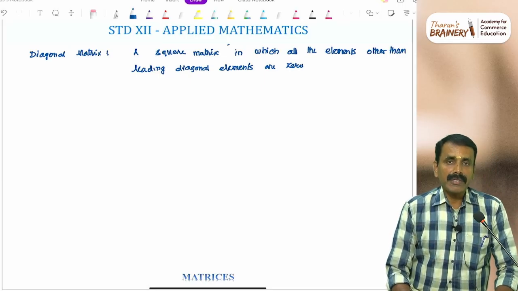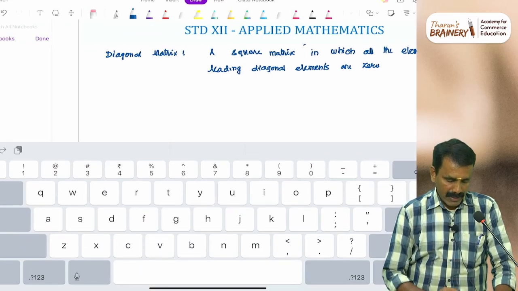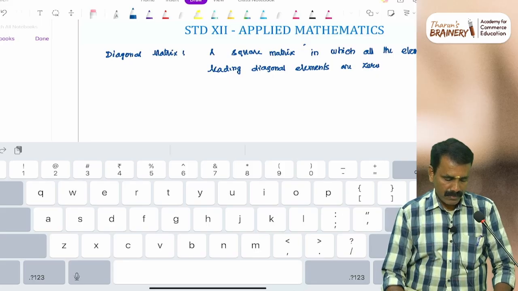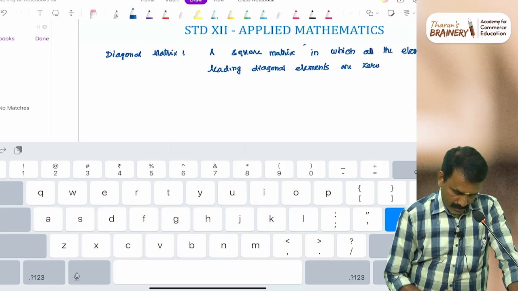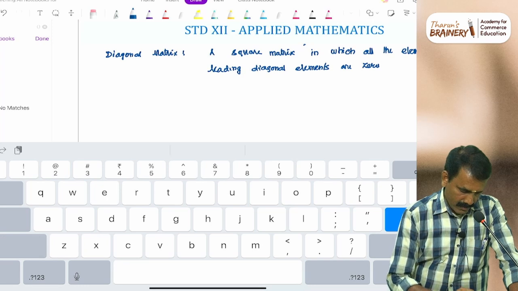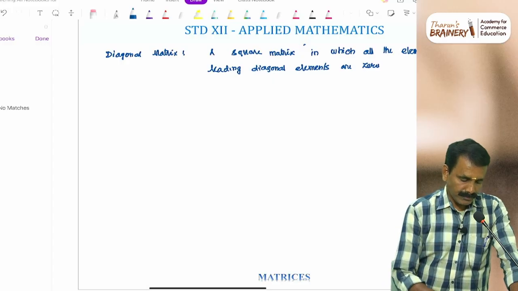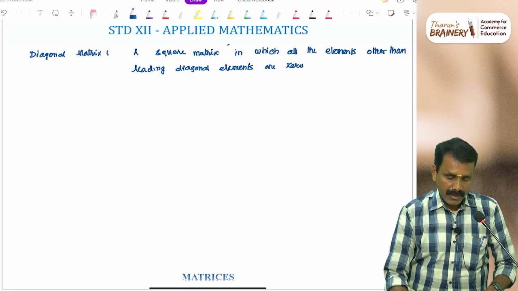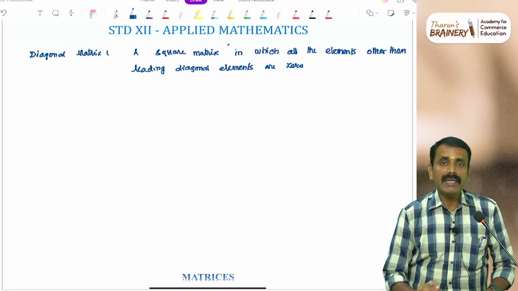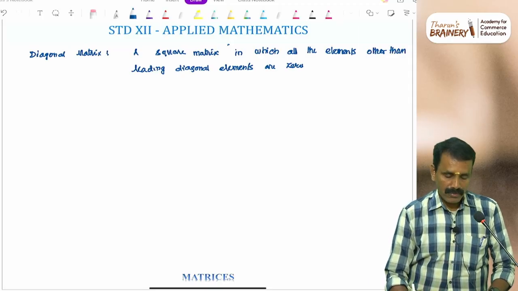So, we have a square matrix. In that square matrix, except the leading diagonal elements, all the elements are going to be 0.